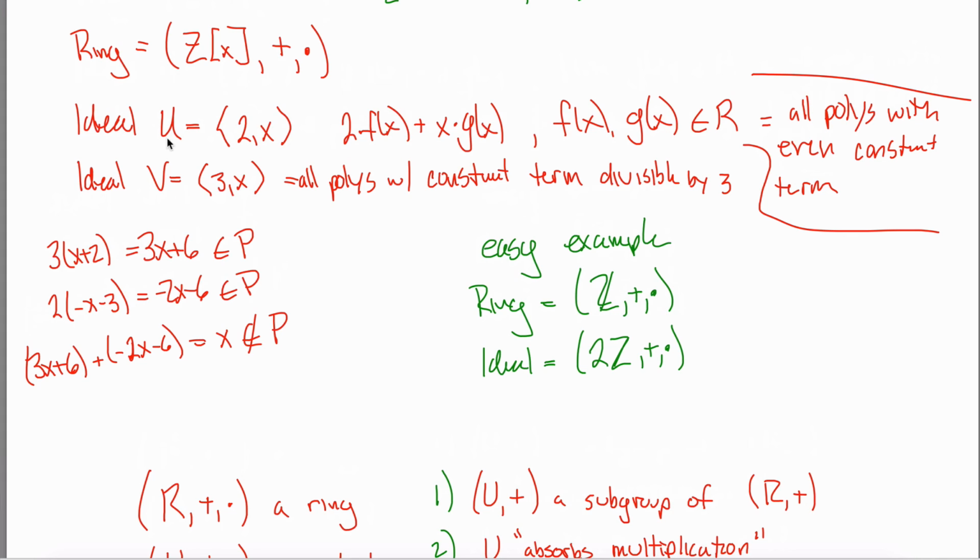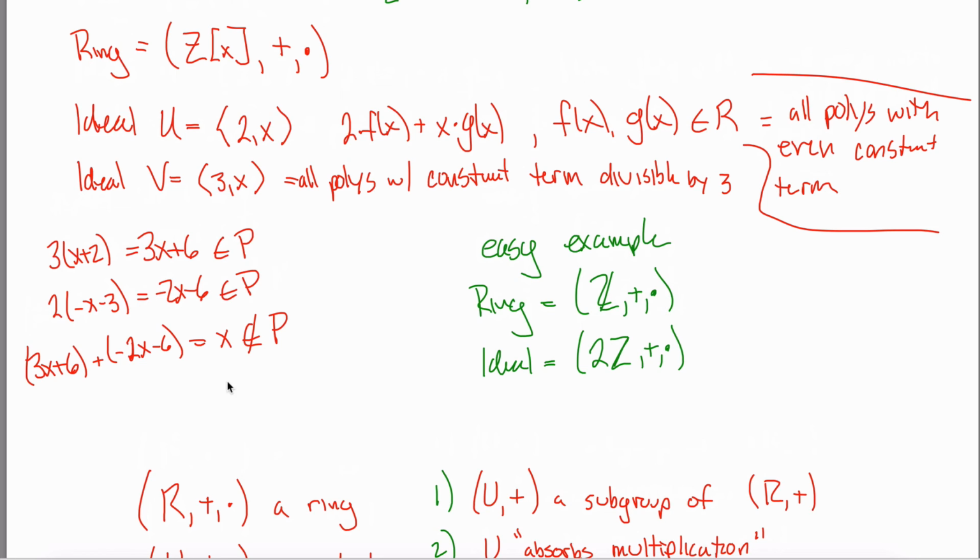If that constant polynomial came from U, its constant term must be even. If that constant polynomial came from V, its constant term must be divisible by 3. So either way, when I take two polynomials and multiply them together, one of those two polynomials is a constant, and that constant is not the number 1.